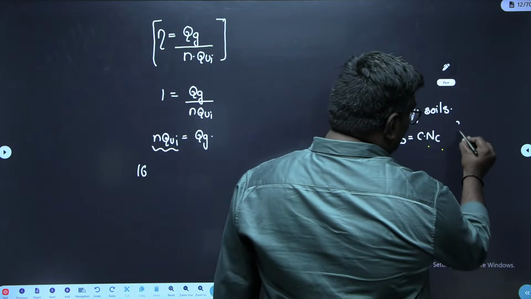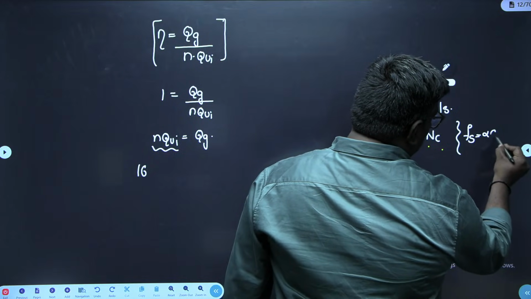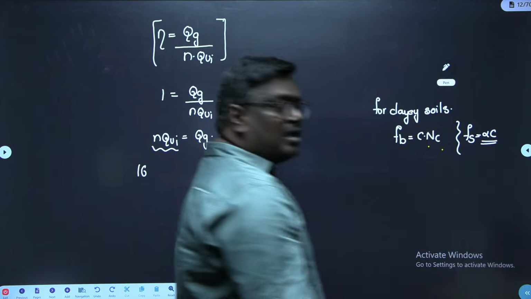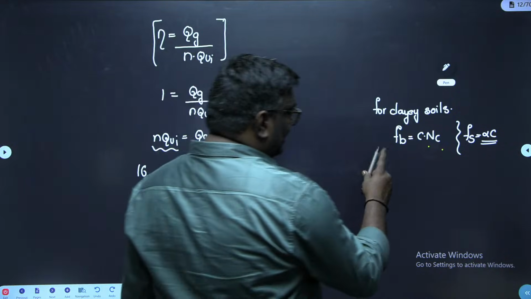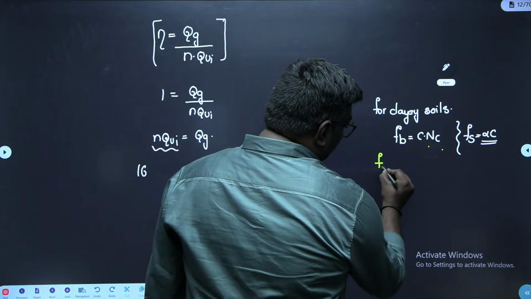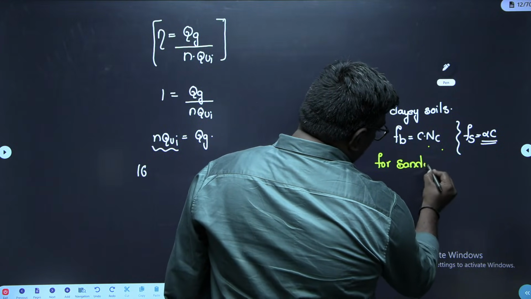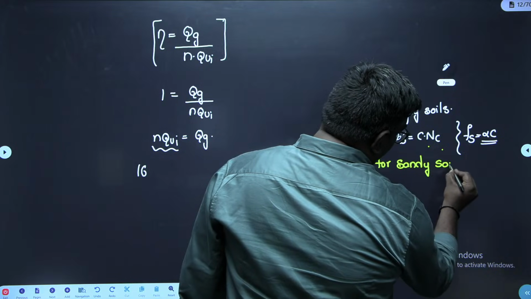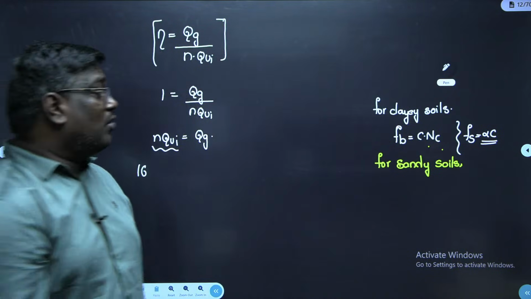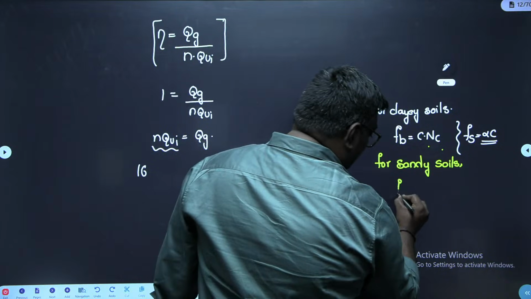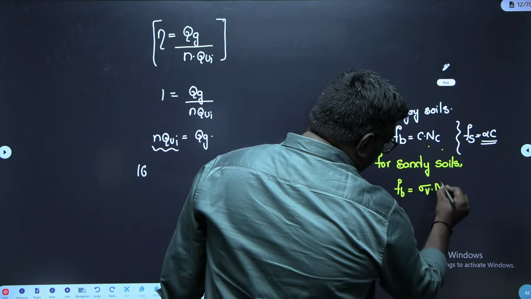And skin friction resistance is given as alpha C, where alpha is the adhesion factor. Similarly, if you consider sandy soils, FB is given as sigma V into NQ.